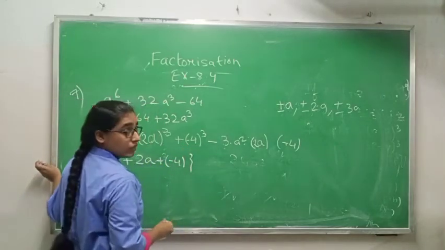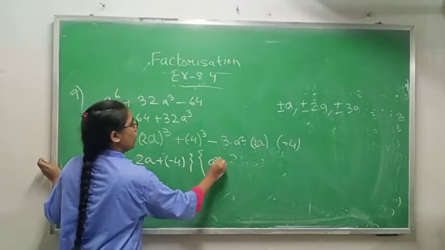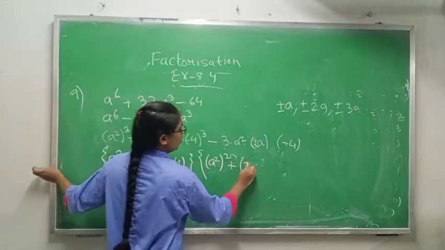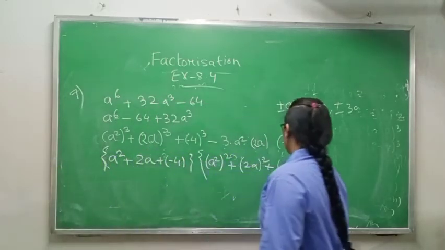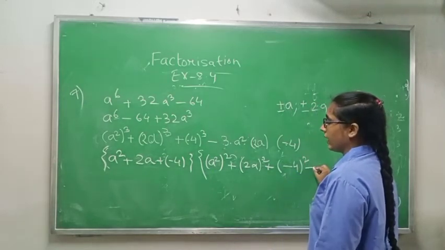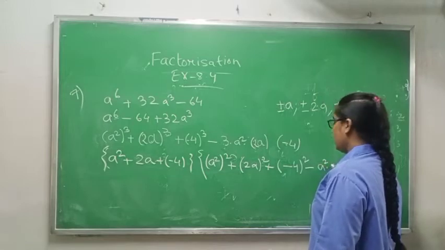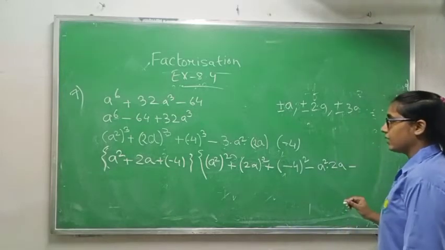Okay, then x square means a square whole square, plus y square is 2a whole square, plus z square is minus 4 square. Okay, minus xy, x is a square, y is 2a, minus yz.